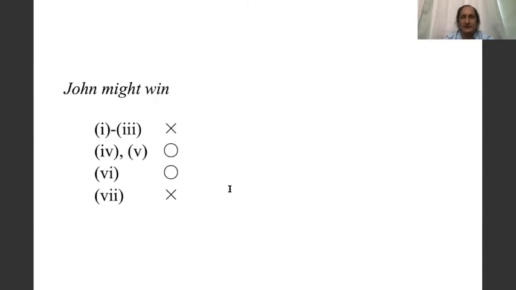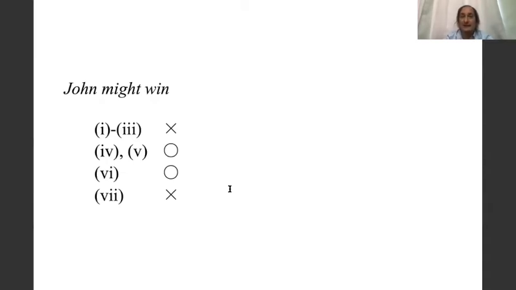In order to become famous, John might win the tournament, or maybe a little bit better, in order to become famous, John might try winning the tournament. The try seems to help out a little bit to make it more natural, but the basic idea is still the same, that winning is one way of becoming famous.